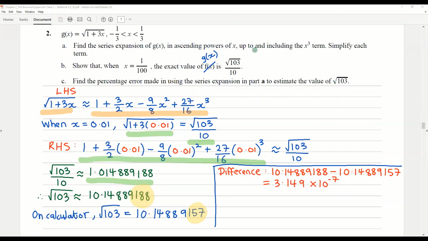If you use the values I've written on the board here, you'll get 3.1 times 10 to the -7. So either way, we can just leave it as 3.1 times 10 to the -7. Okay, we're not asked for a particular degree of accuracy here. Usually it's three significant figures, but it doesn't really matter.